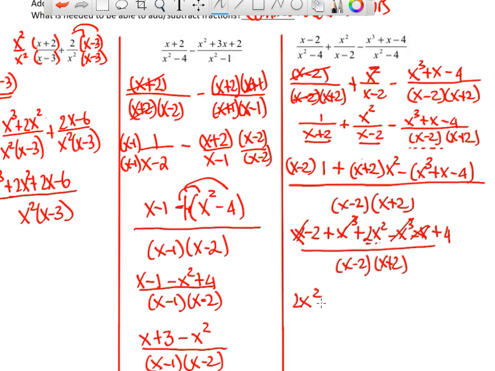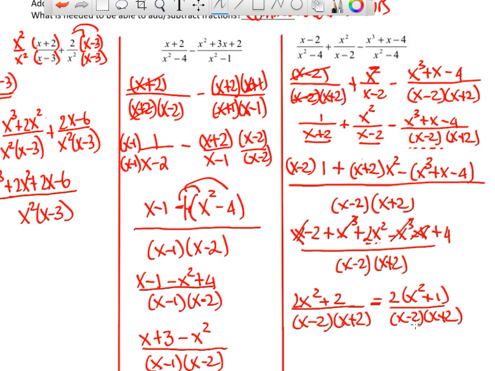And that would be plus 2. Divided by x minus 2, x plus 2. Okay. And you can leave it like this. We do have a 2 in the top, that's common. And then that's as far as we have to go.